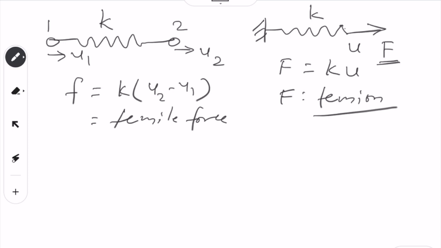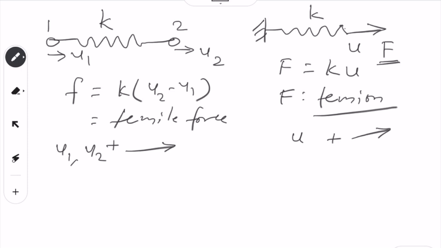All u is positive when it goes from left to right, and similarly for u1 and u2 we specify which way is positive: positive when it goes to the right. F positive means tensile force, and if you get a negative sign for the force, that means it is a compressive force. But this is the basic relationship, and based on that we are going to go forward.